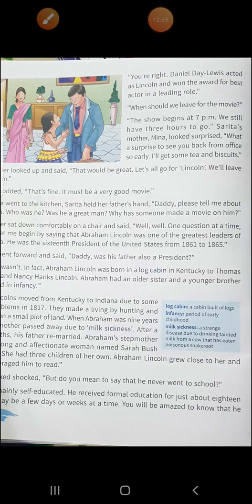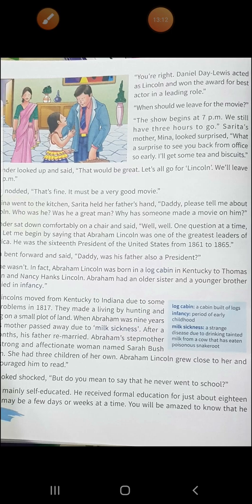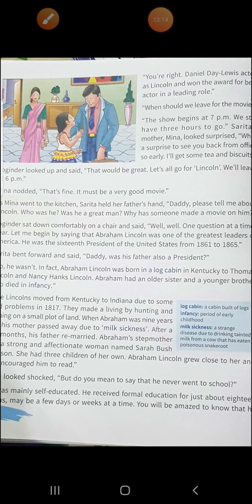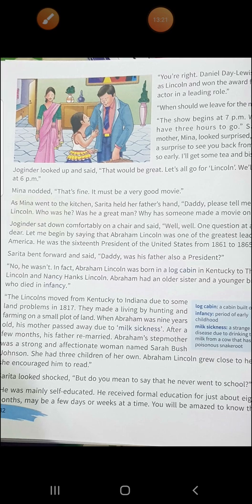So she asked out of curiosity, Daddy, please tell me about him. How was he? Who was he? Was he such a great man that someone has made a movie on him? So she wanted to know everything about him. Before going to see the movie, she wanted to know why someone has made a movie on him.